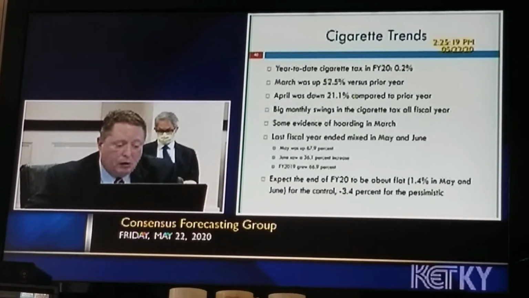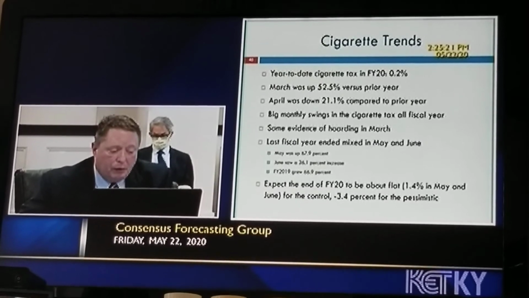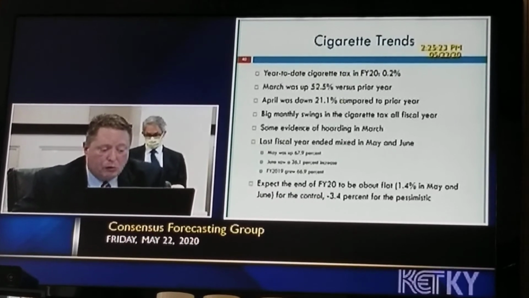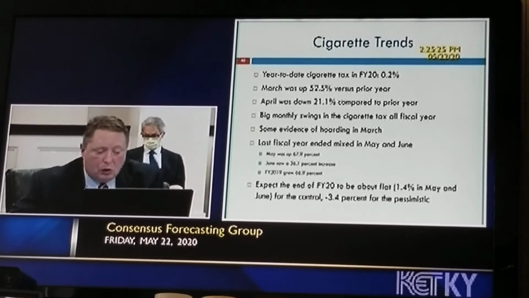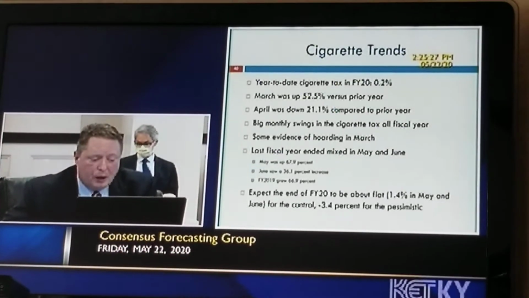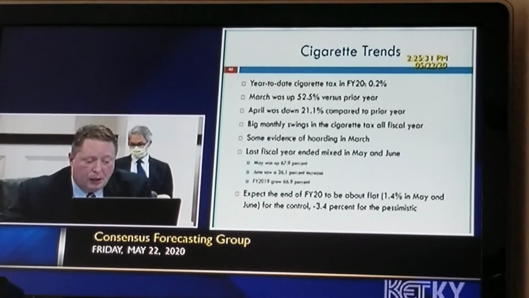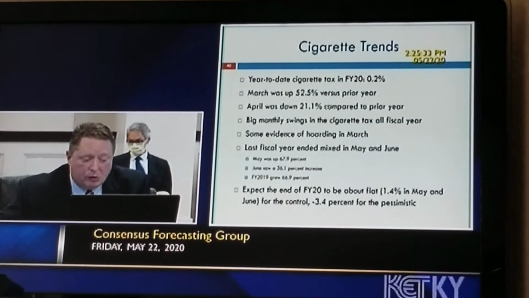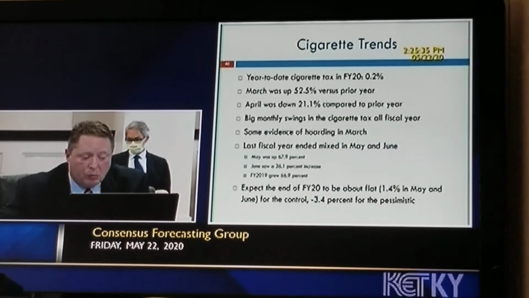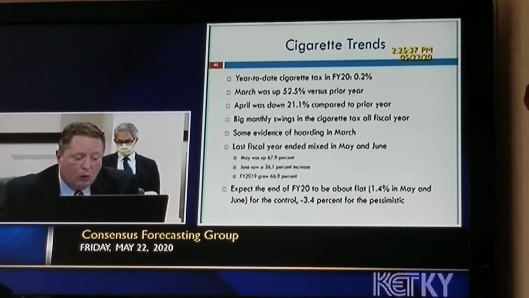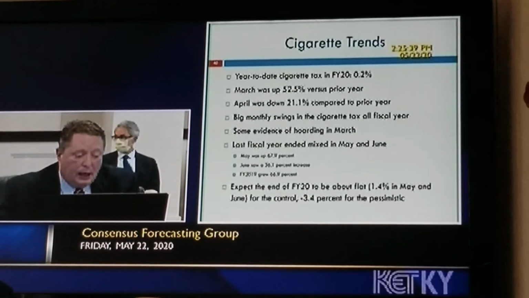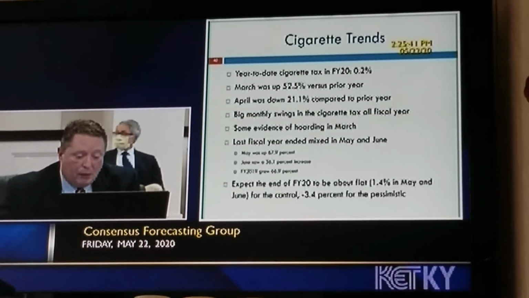So last year, all the months grew very strongly. May was sort of a normal month, and June was sort of a weakish month, given that the annual monthly average was 66.9, and we only grew 36.1 in June. So I expect the end of fiscal 20 to be about flat.